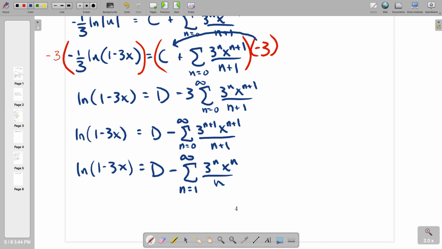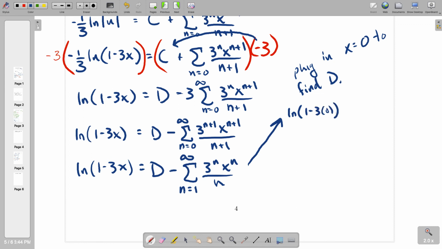Okay, what are we supposed to do with that? Well, what we could do is plug in a value of x for d. Let me do this as an aside here. So plug in x equals 0 to find d. So the natural log of 1 minus 3 times 0 equals d, right?